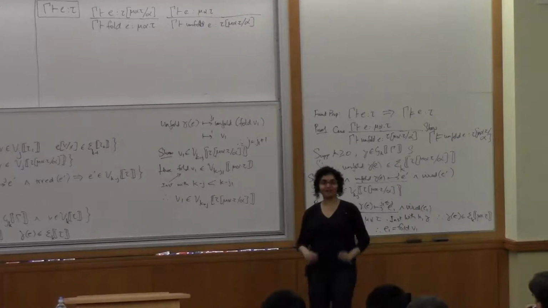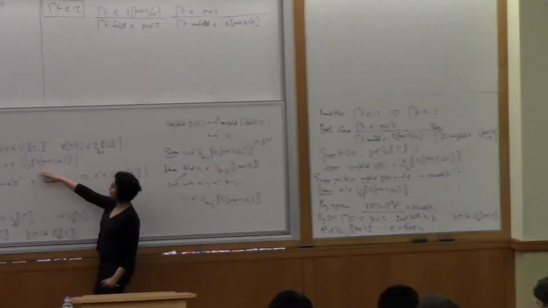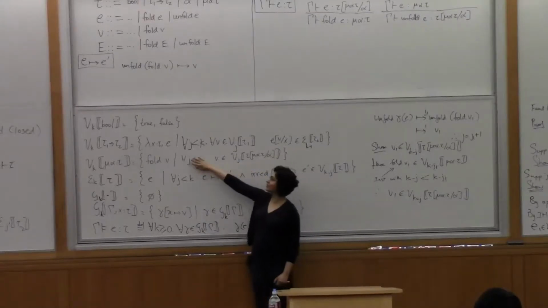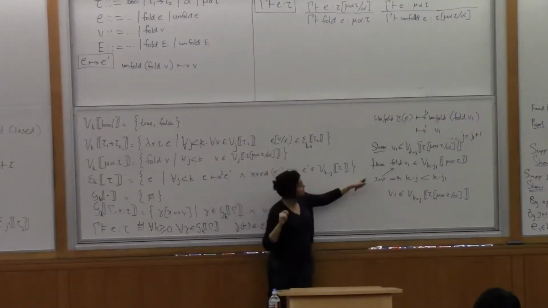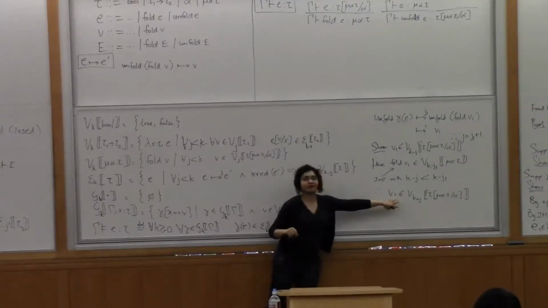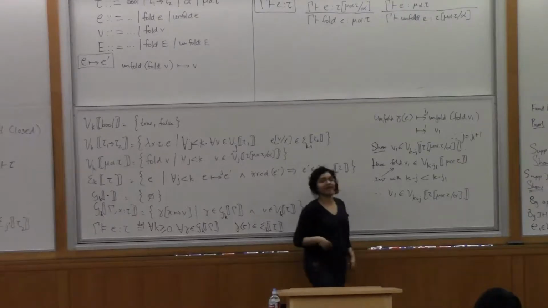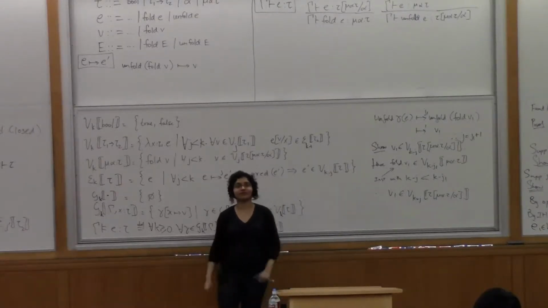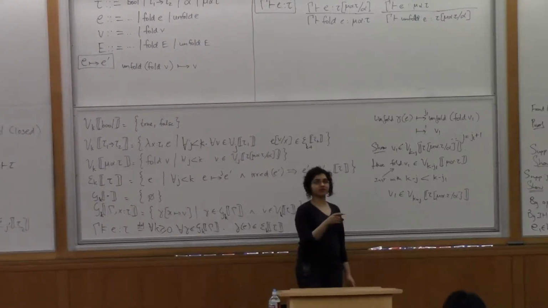And I was sort of looking ahead and thinking about that. Because otherwise, here we would have only known something about this value, this v1 belonging to the set at k1 minus 1, and then we would have had to do one more step of reasoning. Is there another question? No.